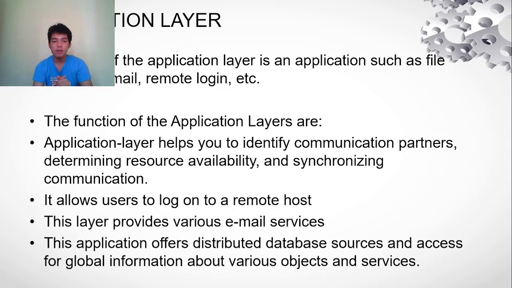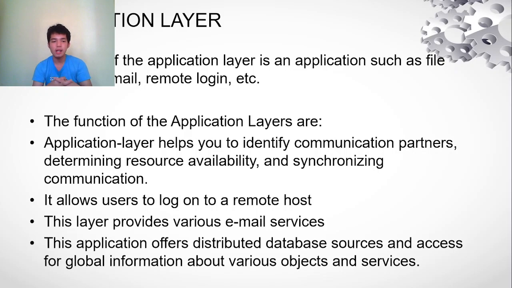Next, it allows a user to log on to a remote host over the internet. For example, Google. We need to log in there by means of the application layer. We are able to log in there by the use of our accounts.